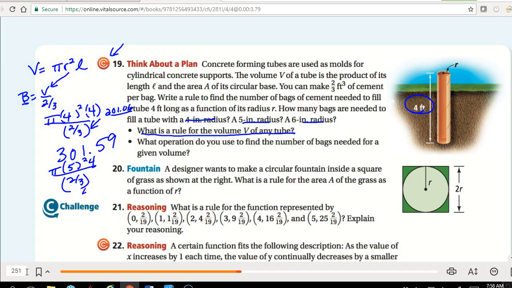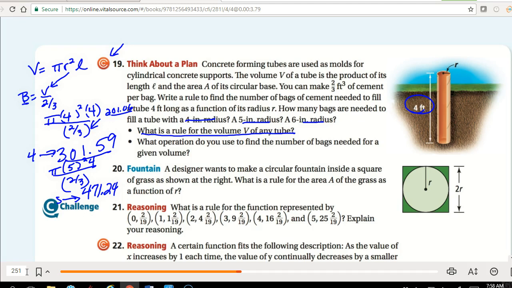And this time it's going to take 471.24 bags. You can do that again for each one of them. So that's for if the radius of the tube is 4, and this is if the radius of the tube is 5. And you would then again do it for 6.